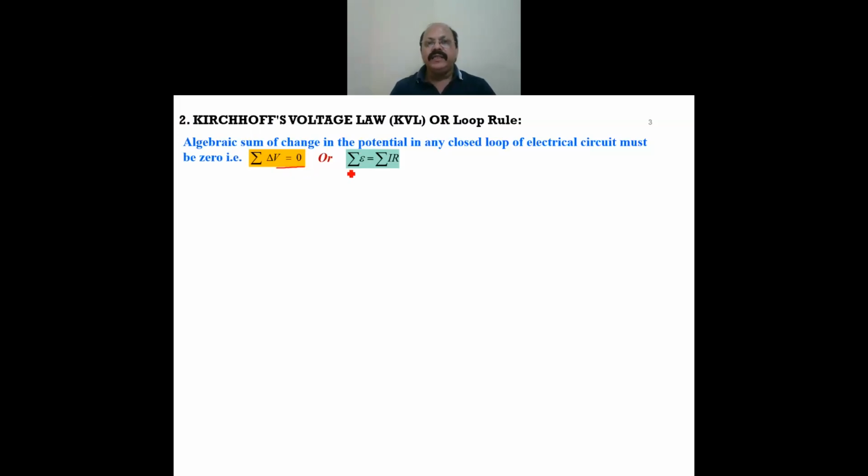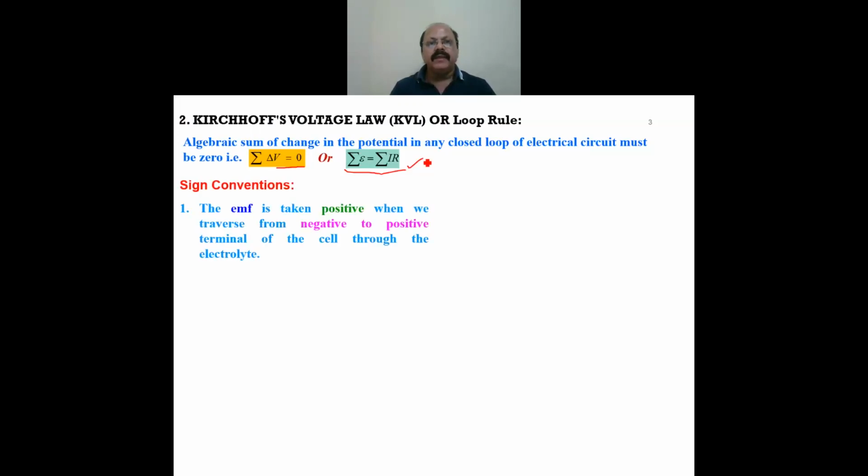Or we can say that the algebraic sum of EMF of cells in a closed circuit must be equal to the algebraic sum of the products of current and resistances in the closed circuit. So in two ways we can define this Kirchhoff's voltage law, and for applying this law we have to understand the sign conventions.